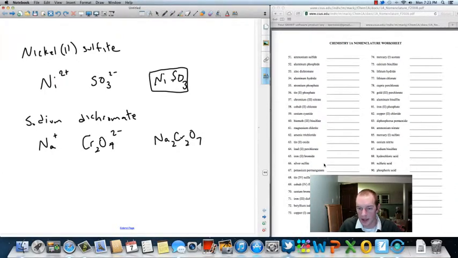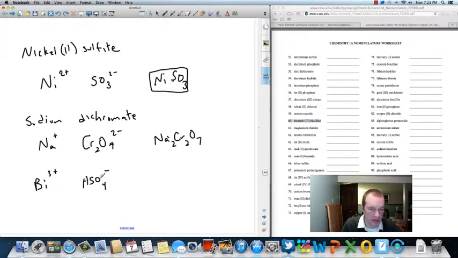Okay, see if we can find another example down here. Let's see, bismuth 3 bisulfate. That's number 60 right here. We want to have bismuth 3, which is going to be Bi with a 3 plus charge. Bisulfate is going to be HSO4 with a minus 1 charge.